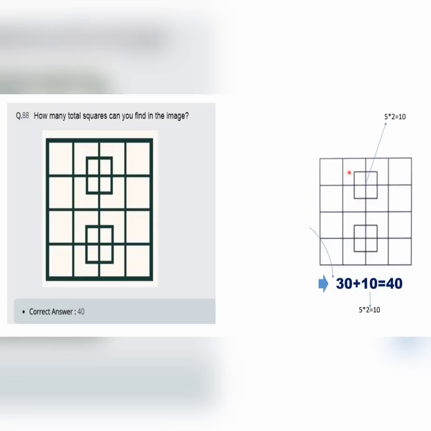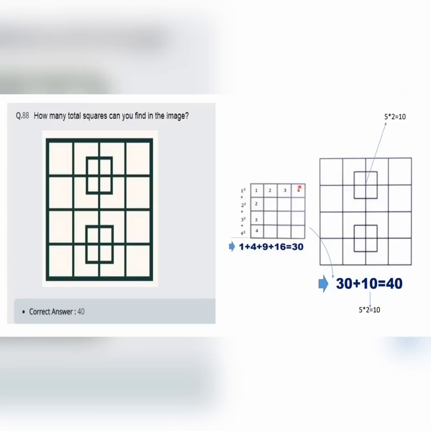There is an easy way to find the number of squares in this. Instead of counting each and every square, we have a method. Since it is a symmetric square matrix, here we have 4 columns and 4 rows.